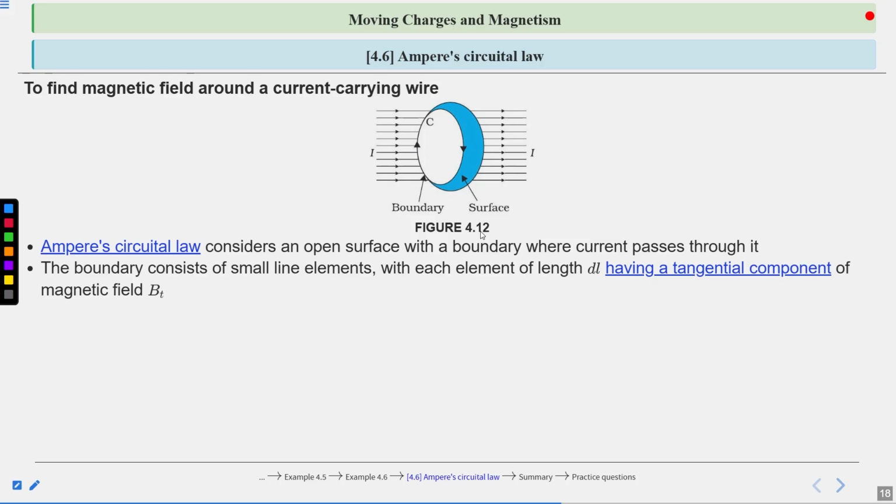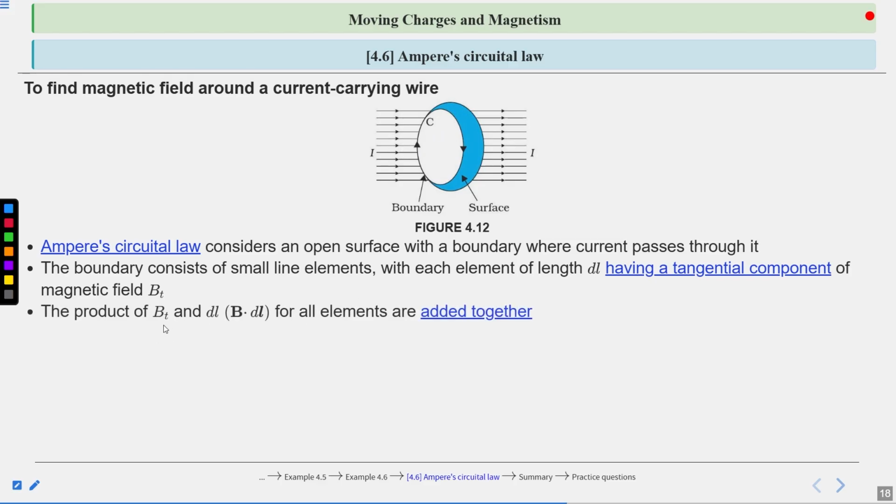This boundary is circular, and you can divide it into small line elements, with each element of length dl having a tangential component of magnetic field B_t. At each very small length element dl, there is a tangential component of magnetic field B_t.